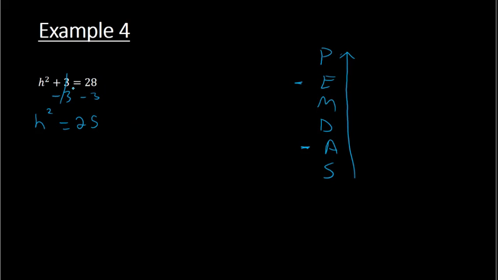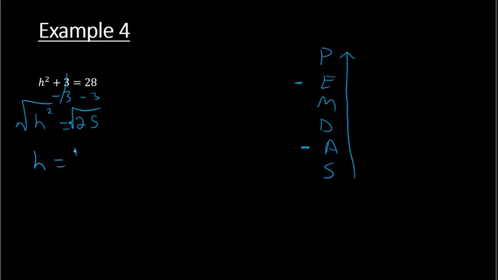The other way to think of this is we're trying to isolate this perfect square. So we're trying to get the h squared by itself. And we've done that. All right, h squared is 25. Now at this point, I can get rid of the square by doing the inverse of squaring, which is square root. So I square root both sides, which will get the square to cancel out. That gives me an h over here.